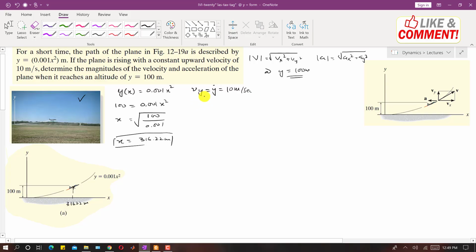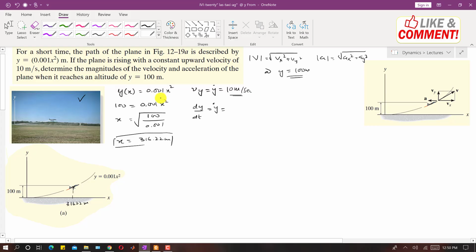Now we are given Vy, so we have to find dy/dt, which is equal to y dot, but y is a function of x, so we have to apply the chain rule.